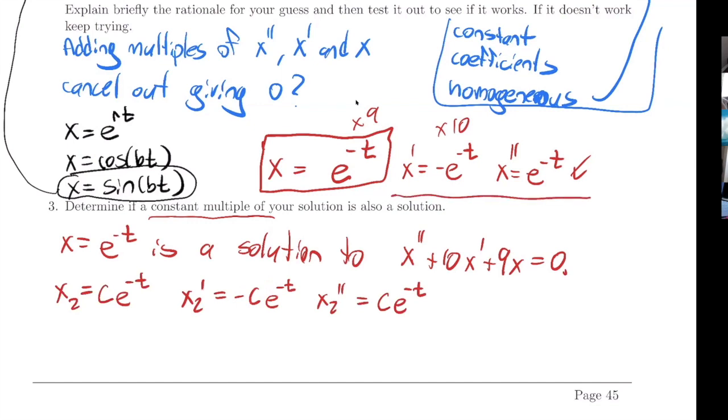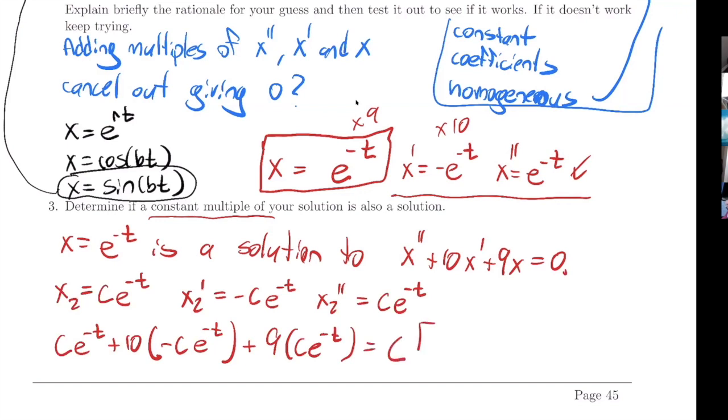So when I add these all together, I take x double prime plus 10 times x prime plus 9 times x, and simplify, we could just factor out the c from all of those terms.